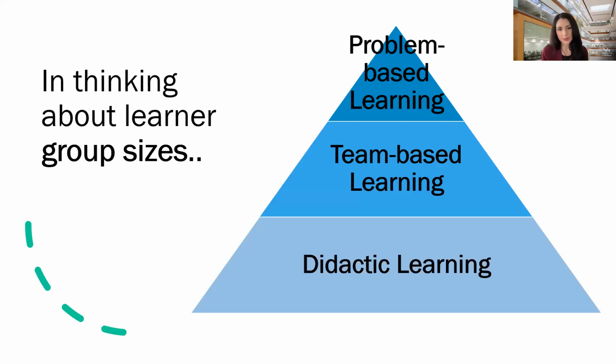But we're going to spend some time talking about additional active learning strategies and ways you might incorporate them with your learners, in either current teaching situations or situations in the future. One of the things we have to keep in mind is audience size.